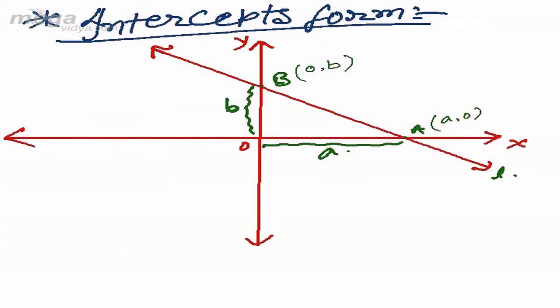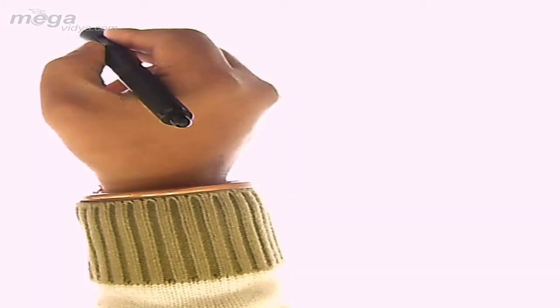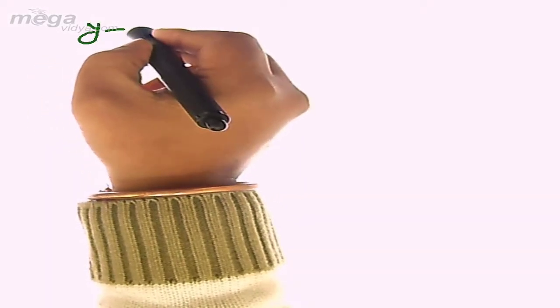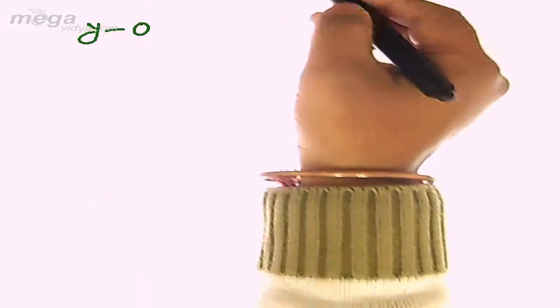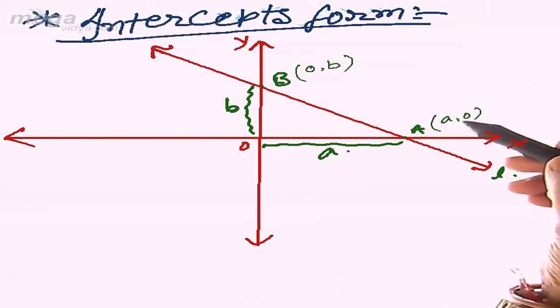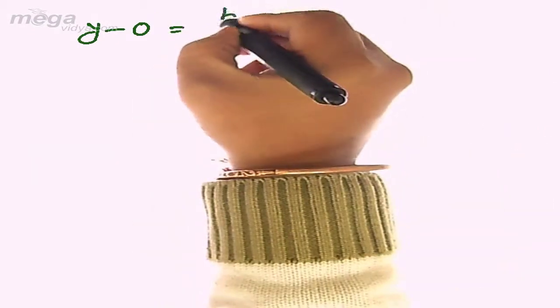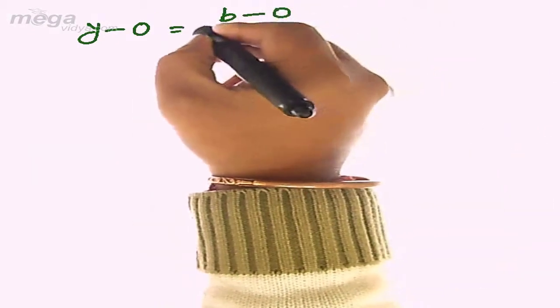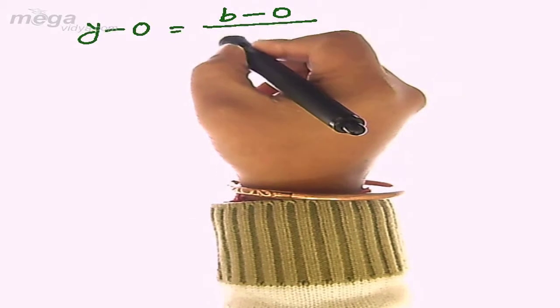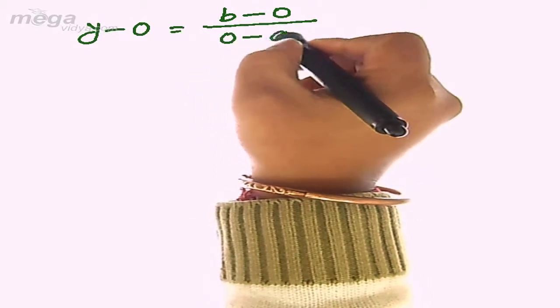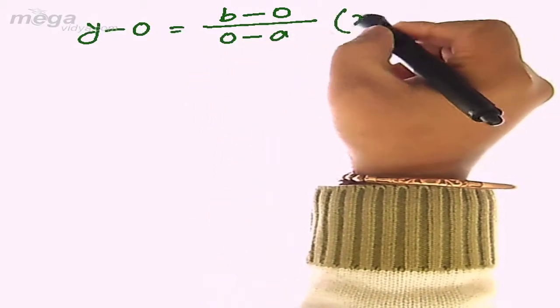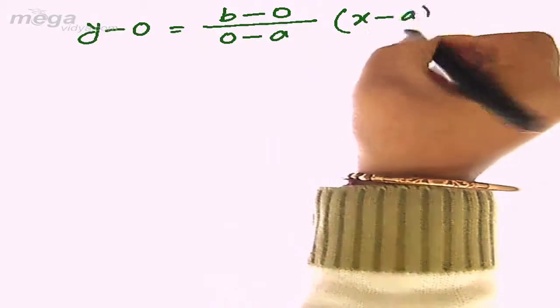So the equation of line AB using the previous two points form will be y minus y1, if we take this as y1, is equal to y2 minus y1 upon x2 minus x1 into x minus x1.